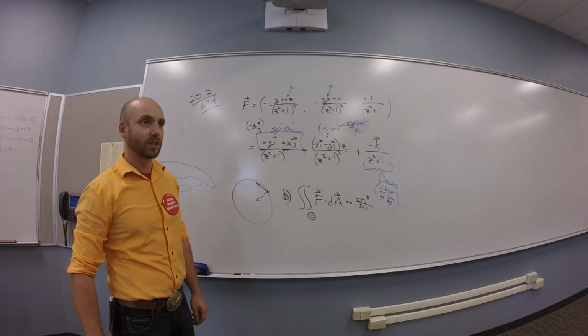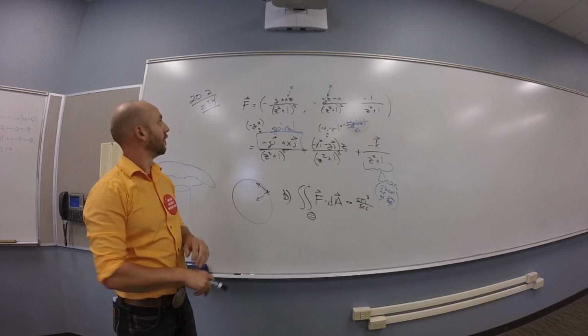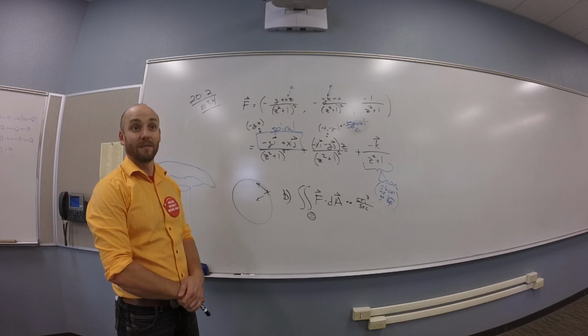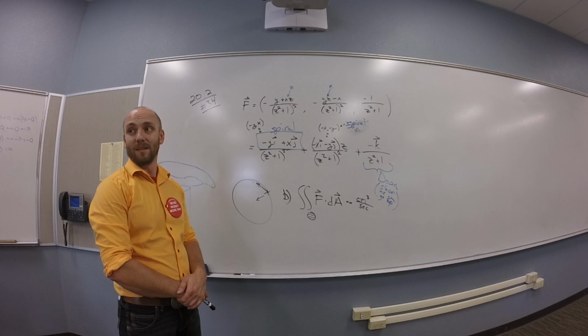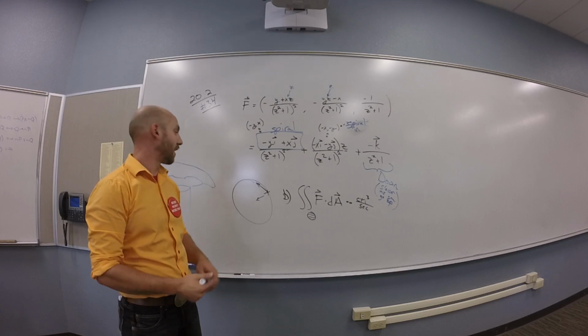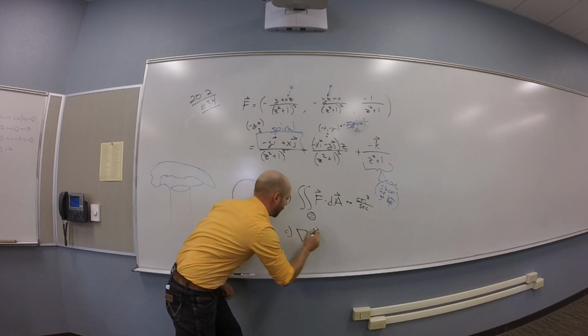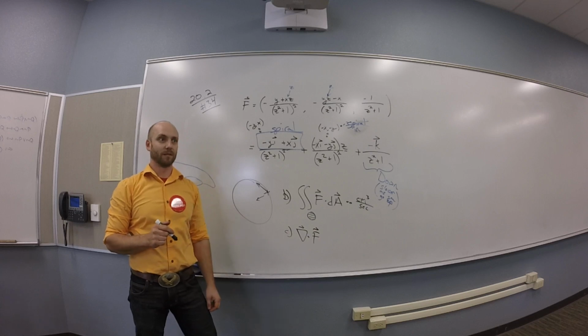Find the divergence of F. So what do I expect the divergence of this vector field to be? Divergence is the gradient dotted with F. So we take the gradient, we dot with F, right? Or the idea of the gradient at least, and dot with F. What do I expect this to be?